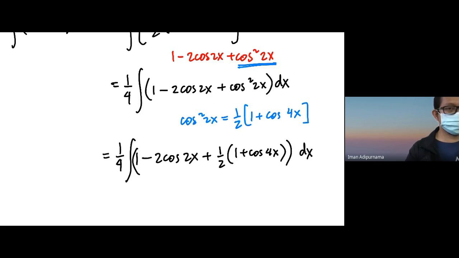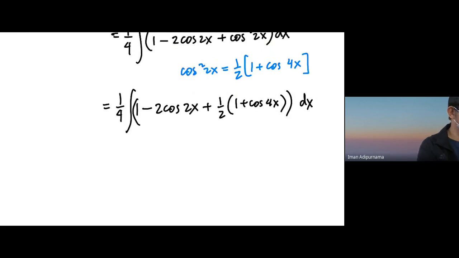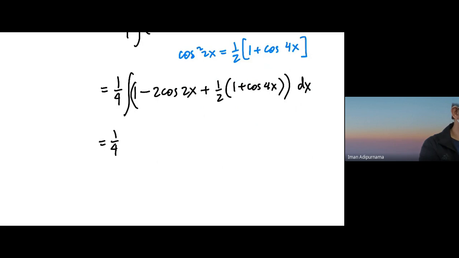Now let me just multiply first. 1 plus half is 3 over 2, minus 2 cos 2x plus cos 4x over 2.